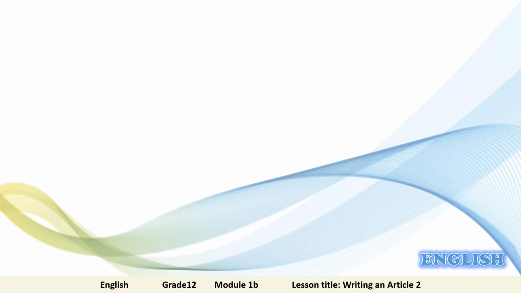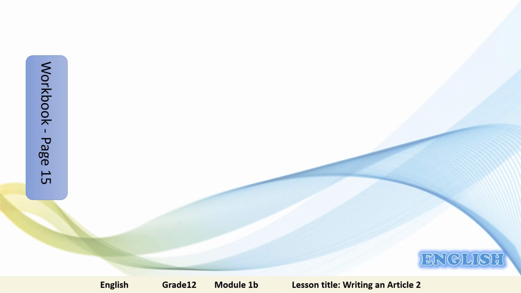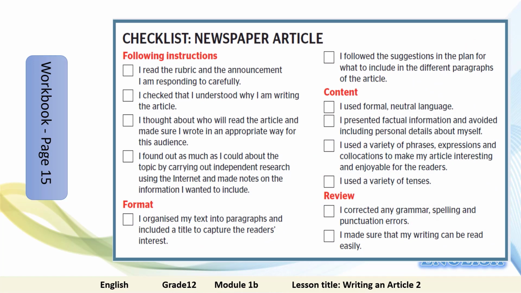After you're done writing your article, here we come to our very last stage of writing, which is proofreading, editing, and revising. And how am I supposed to do that? I need you to open your workbooks on page 15 and let's check our article against a checklist. What is a checklist for?